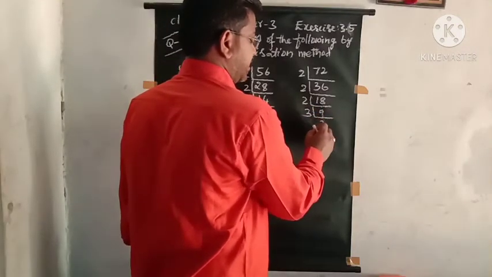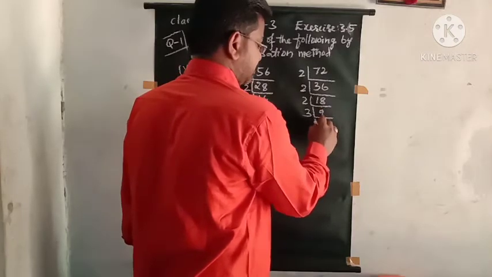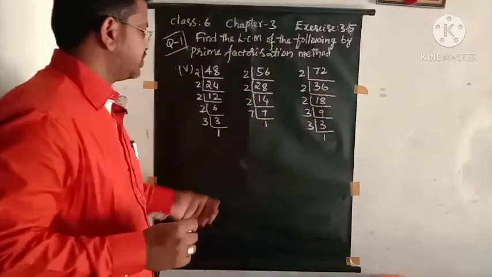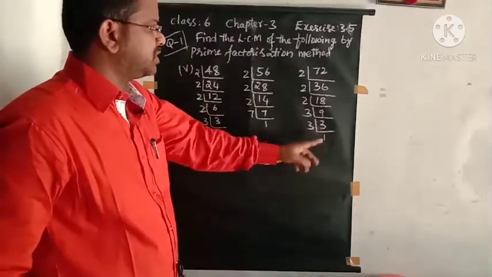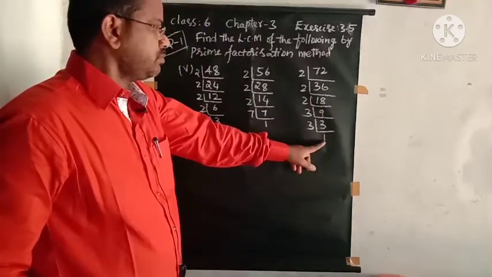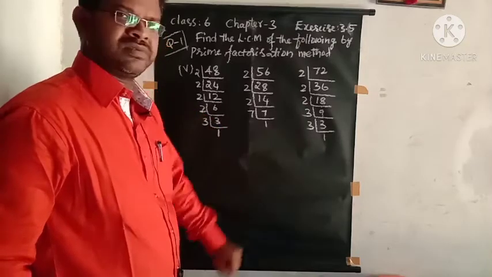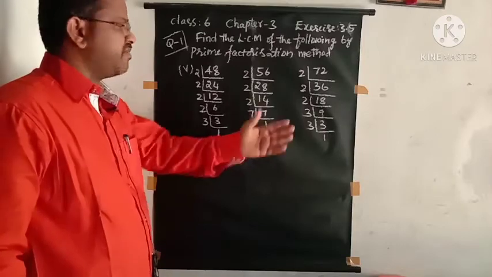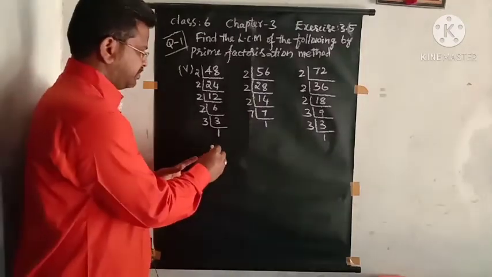So 3 divides 9 three times, again 3 once. We continue the process till we get the quotient 1.